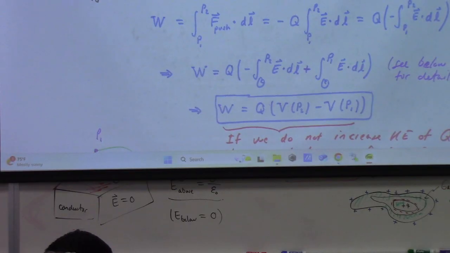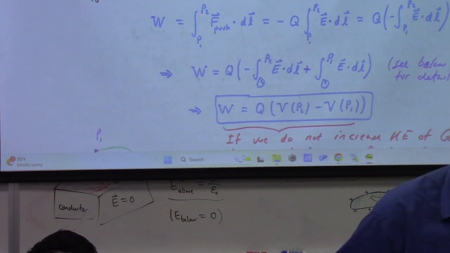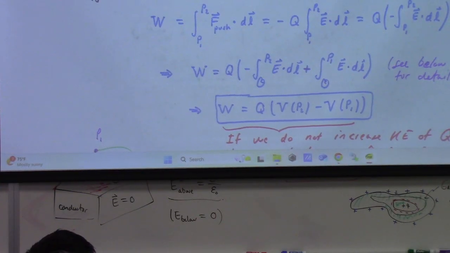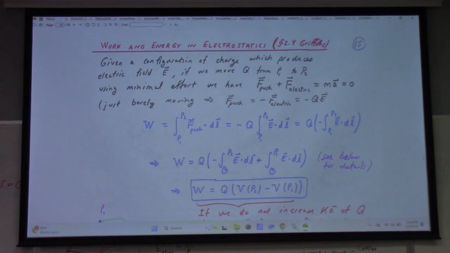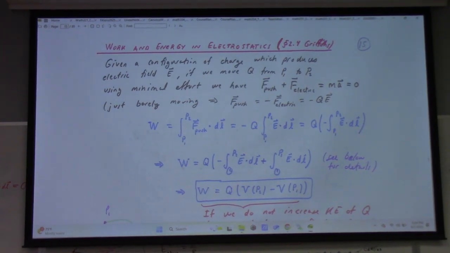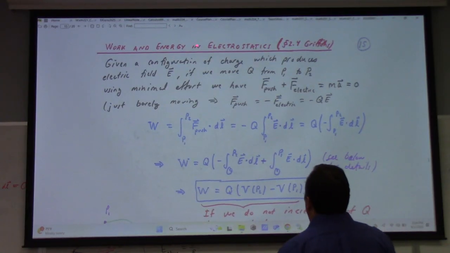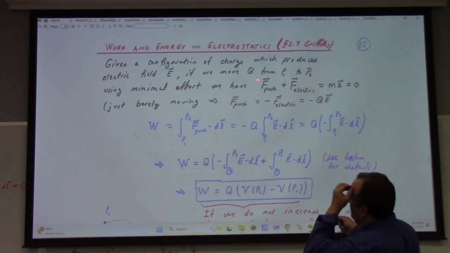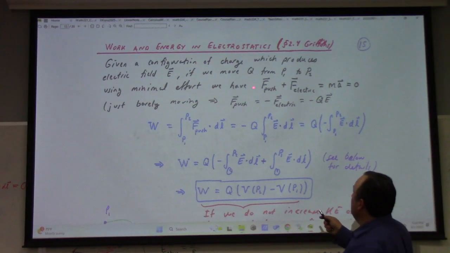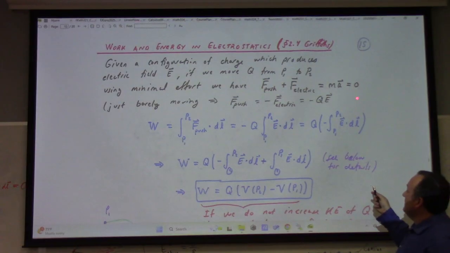To calculate the work done, the question is, how much work does it take to move a charge for a given configuration of charge, which produces electric field E, if we move Q from P1 to P2 using minimal effort? Then the pushing force plus the electric force is going to be 0, right?